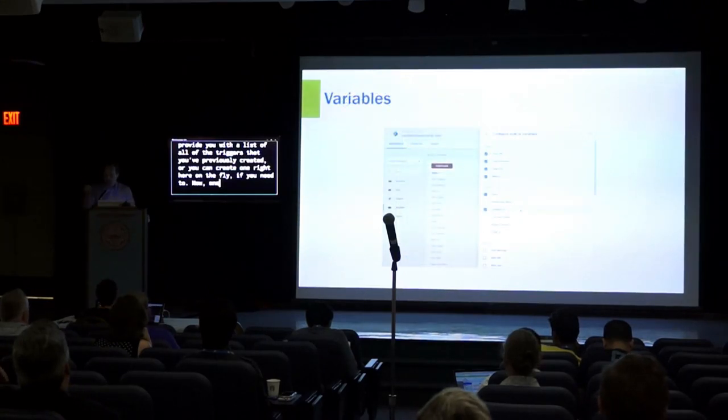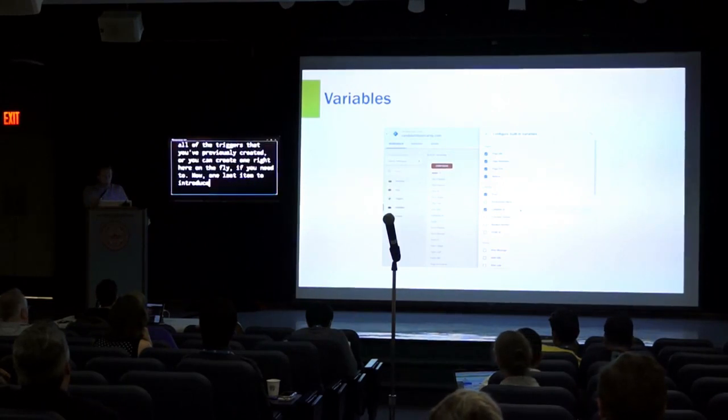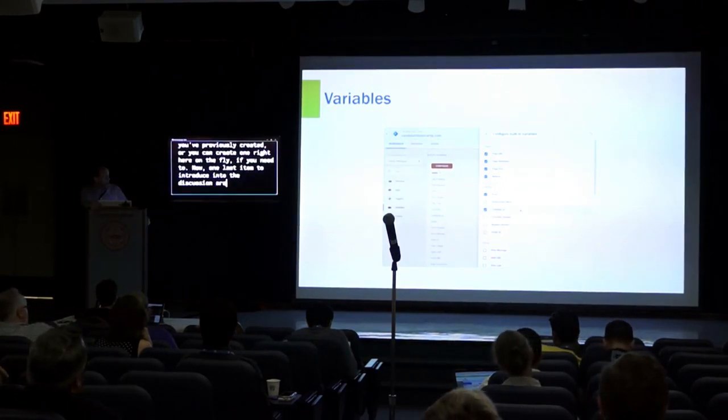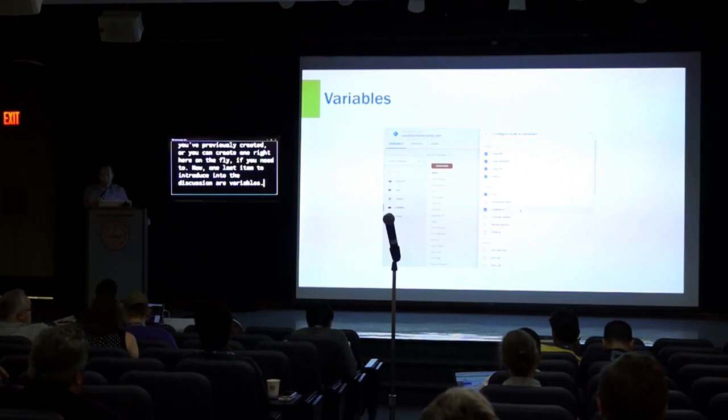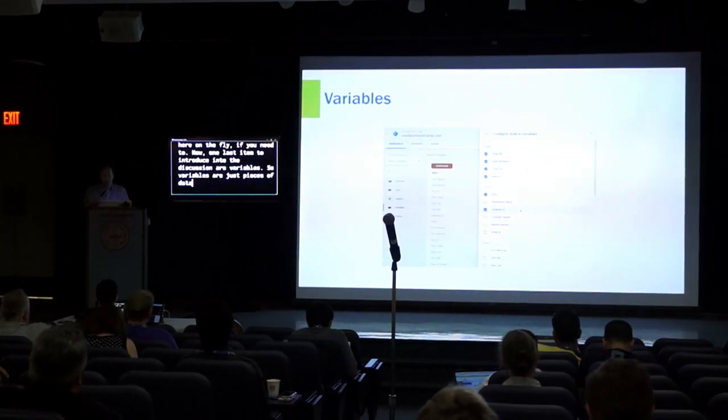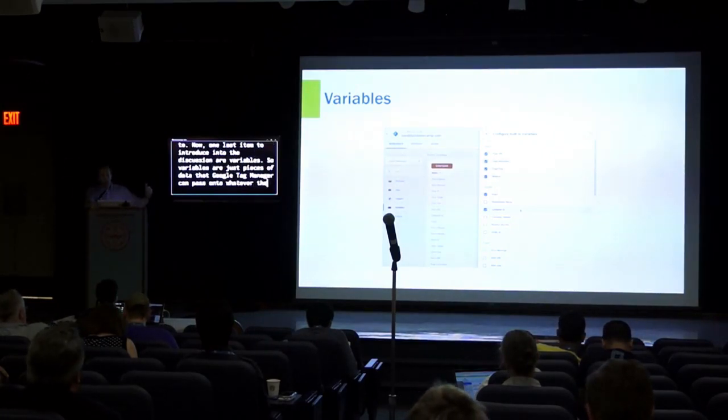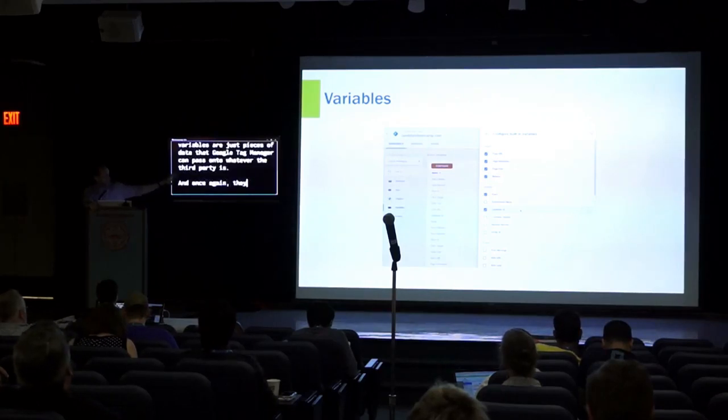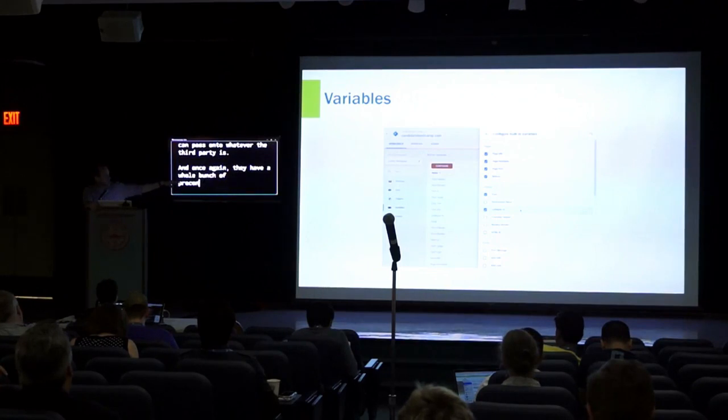Now, one last item to introduce into the discussion is variables. Variables are just pieces of data that Google Tag Manager can pass on to whatever the third party is. Once again, they have a whole bunch of pre-configured built-in variables that you can choose from.